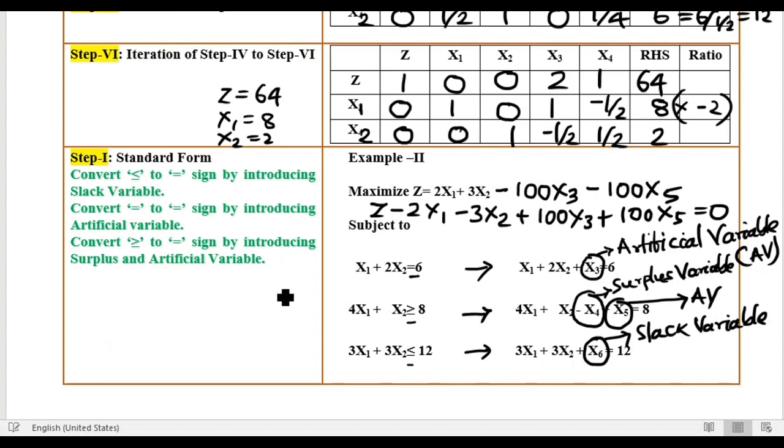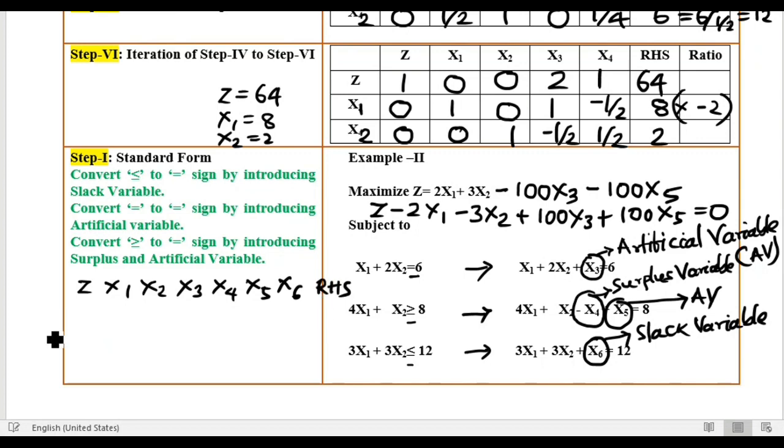So when we write the coefficient matrix, what are the values over here? Z, x1, x2, x3, x4, x5, x6, RHS.